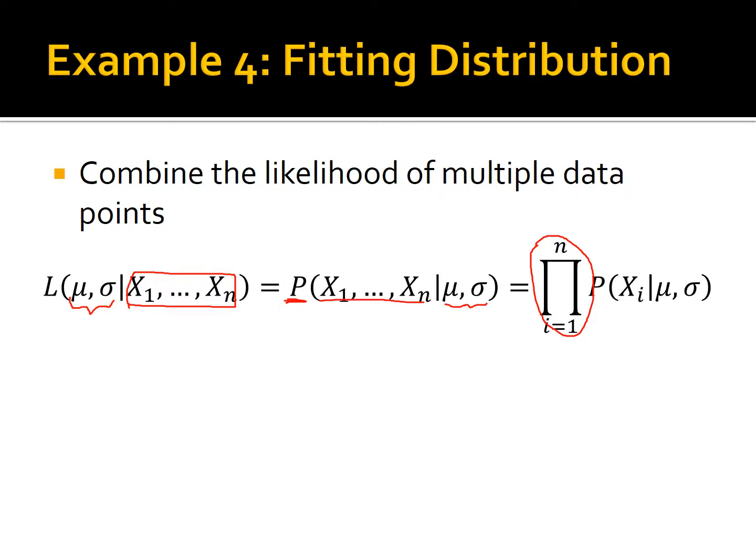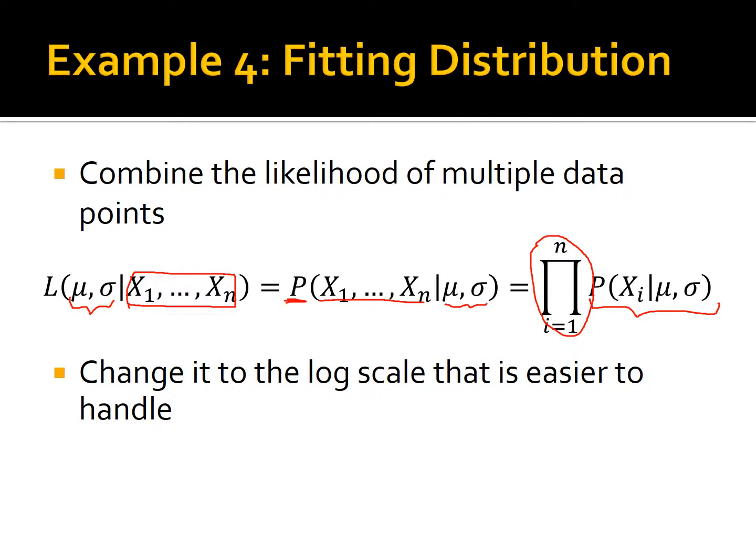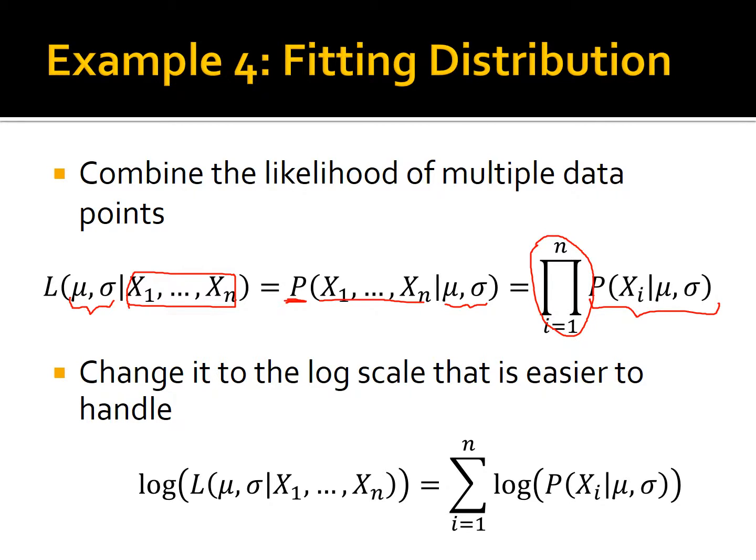So big pi means that we would like to multiply the terms inside the pi from i to n. Because dealing with the product would give you very small decimal numbers and the computer will break, we would like to change it to the log scale, which is easier to handle in the computer. So I put the log likelihood would be the sum of the log of the likelihood over here. This one I can write something like L of mu, sigma given x sub i.